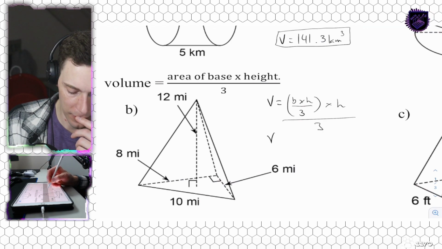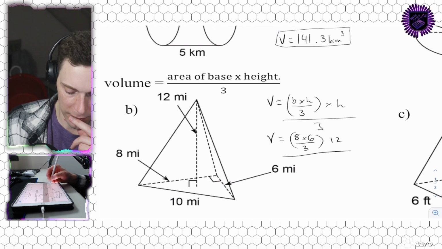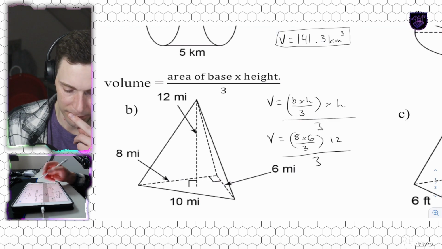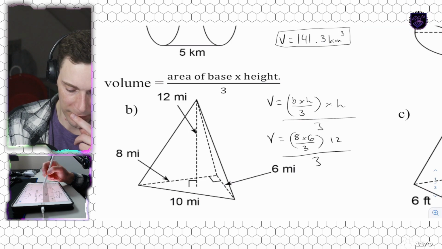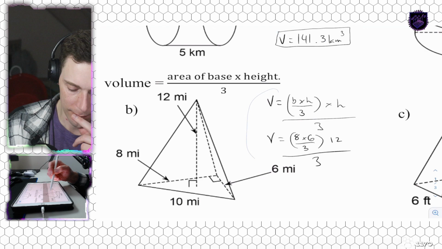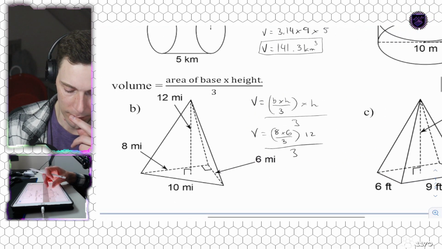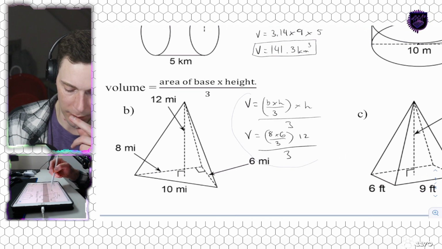So the volume is equal to 8 times 6 divided by 3 times height, which is 12 divided by 3. I want to move that all.